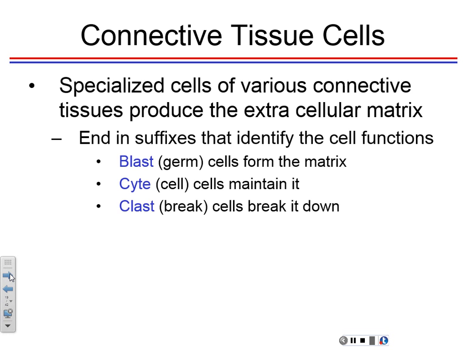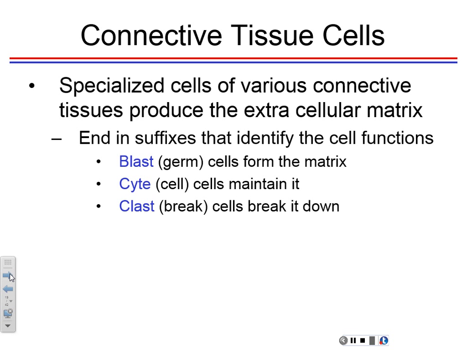So bone, again, is based on the matrix because that's what we have the most of. So, I mean, not bone, sorry, connective tissue. It's got a lot of matrix, all right? So there are certain cells that will break the matrix, called osteoclasts, that end with the suffix clast.